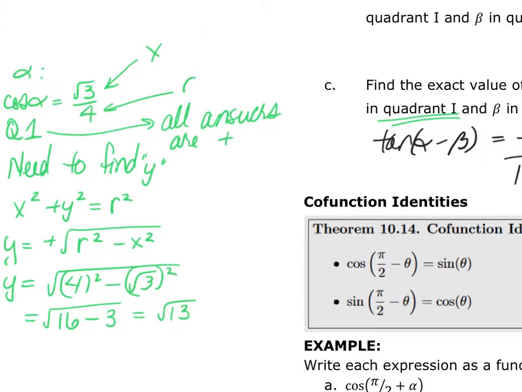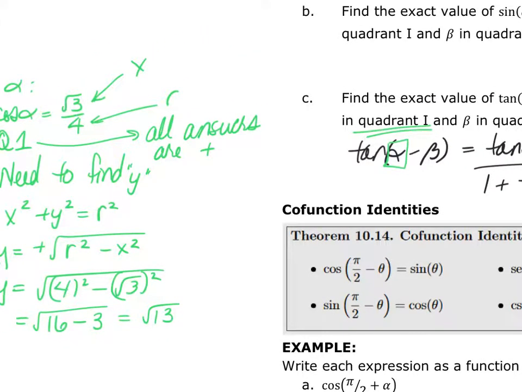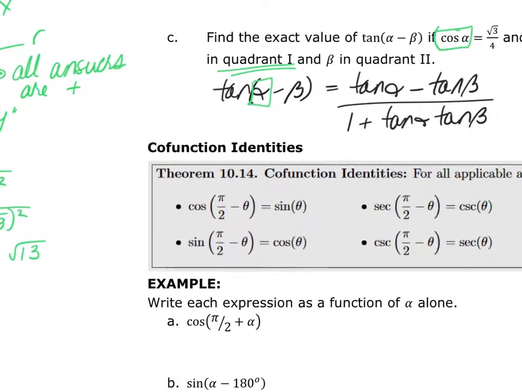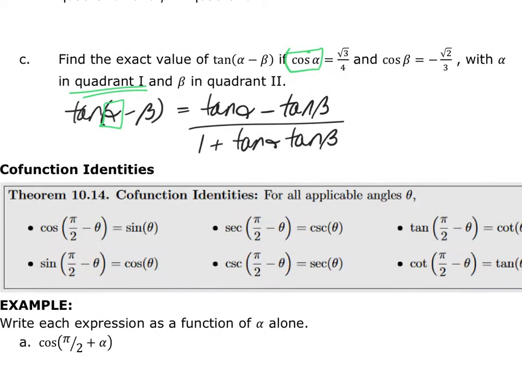I am the prize. I need the tangent of alpha. So I found my y, and I need to find the tangent of alpha. So the tangent of alpha is equal to my square root of 13 over my x, which was the square root of 3. I'm just going to leave it like that for right now. So over here, what I have so far is the tangent of alpha.